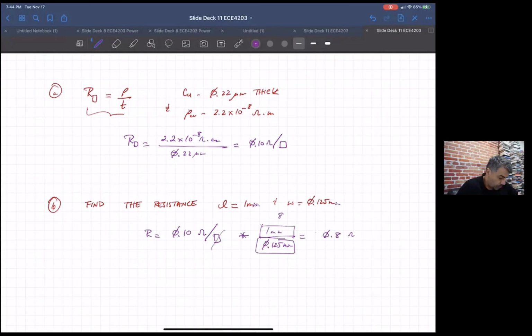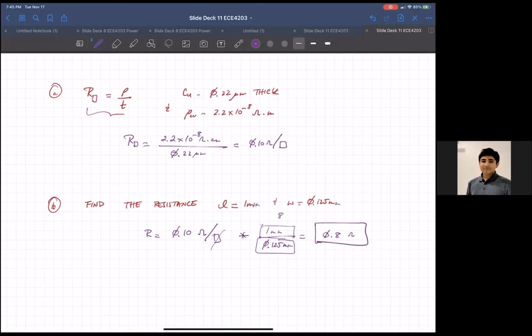This is interesting. The solution thinks it's a millimeter over 0.125 micron, which doesn't make any sense. But anyway, you end up with 0.8 ohms.